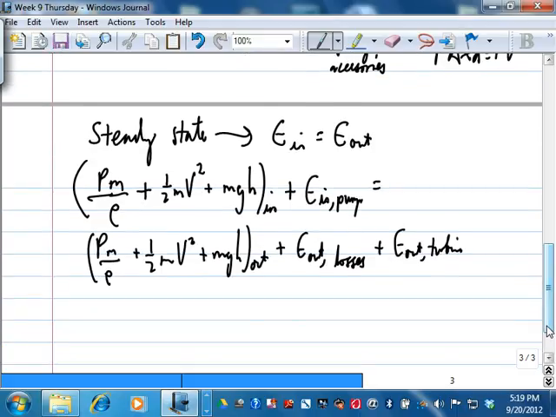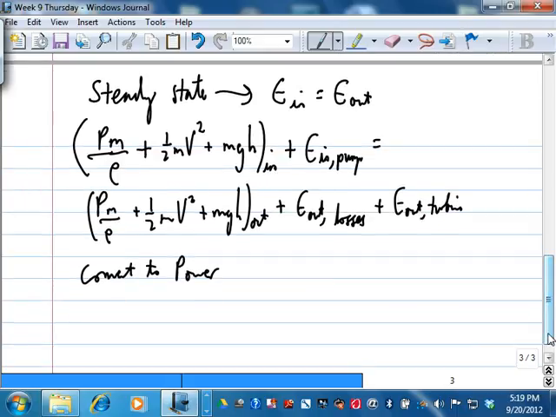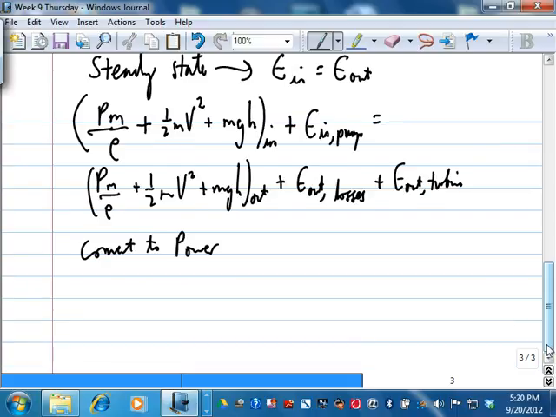You okay so far? So if I turn it into power, convert to power. Let's say flow in steady state, so the pressure, velocity, and the head coming in don't change. It's coming in at that, going out at that.